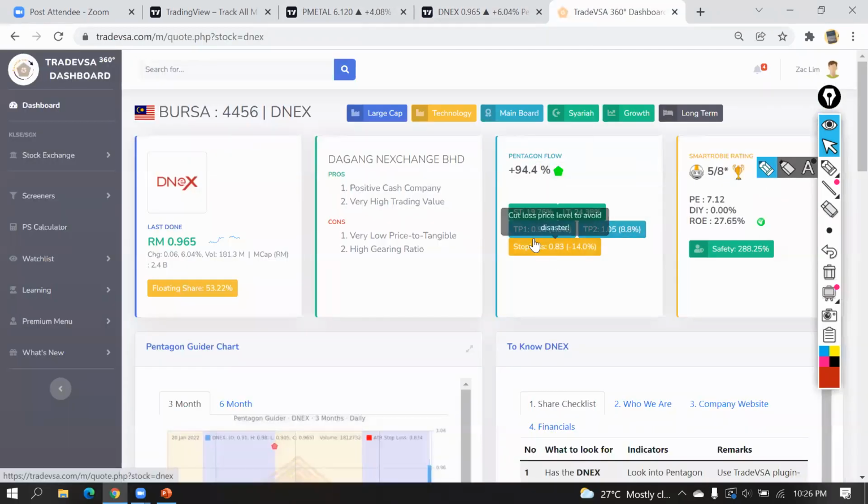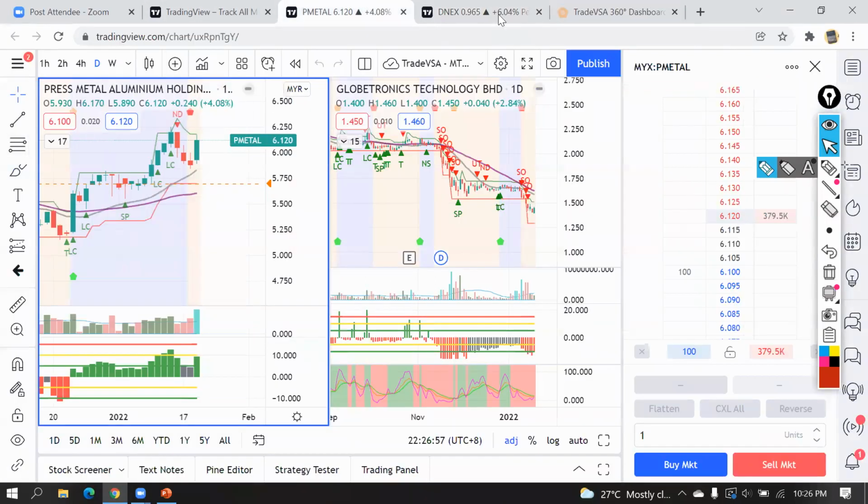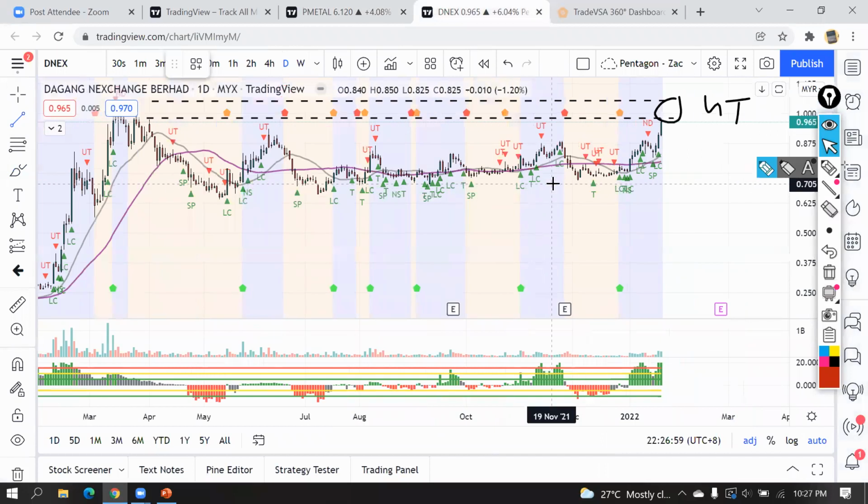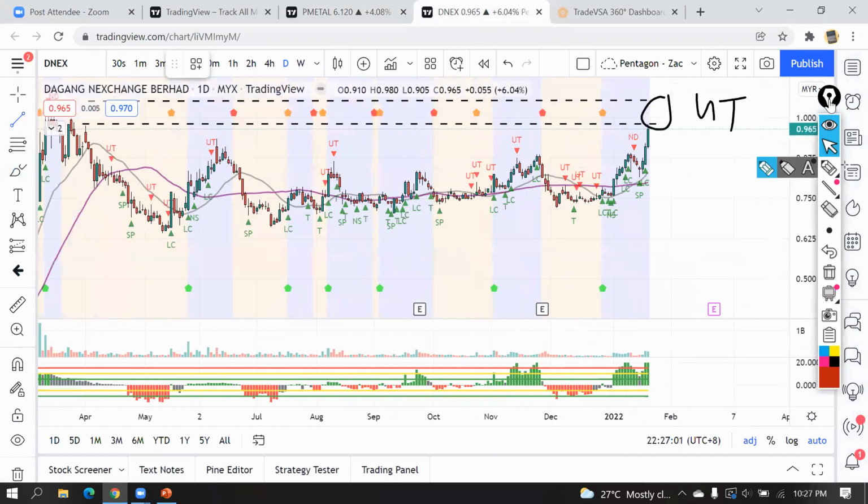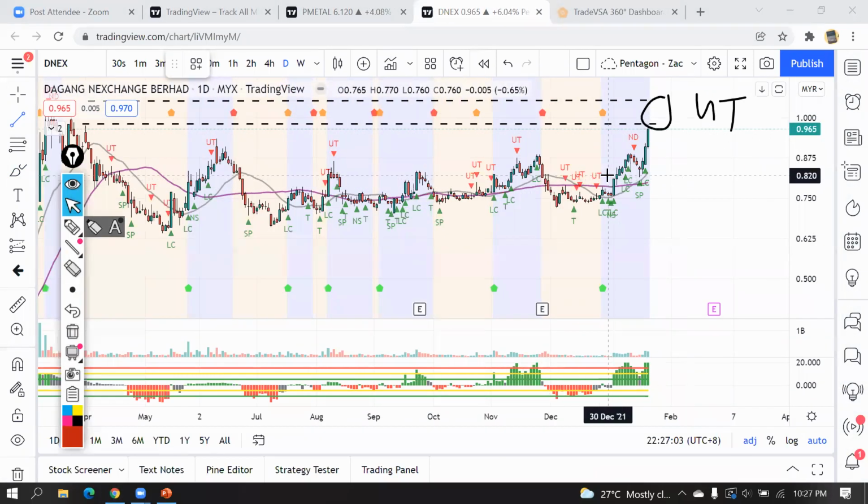Now for the support area of 83. Let's go back to here, and go into 83. This is the latest spring area.